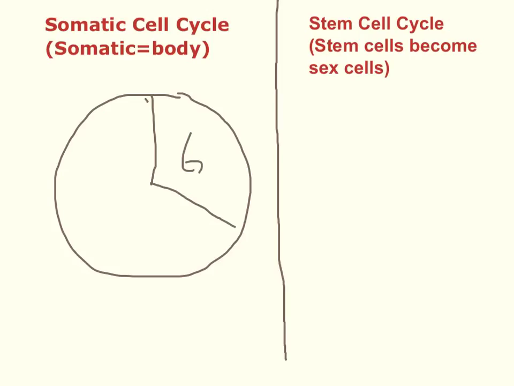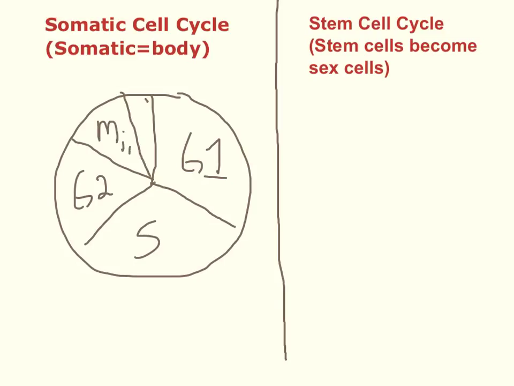So we have gap 1, we have the S phase, we have gap 2, and then we have mitosis and cytokinesis. Remember that in gap 1 we have growth.